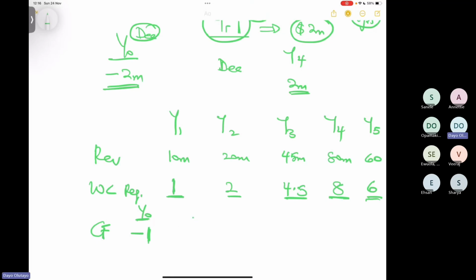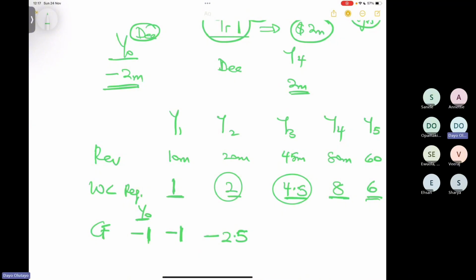So we only need to buy 2 minus 1. So another minus 1 is what we're going to have in year 1 as cash flow. And the cash flow in year 2 will be what we need to buy in readiness for year 3. Year 3 needs 4.5. But at the end of year 2, we already have 2. So we need to buy 4.5 minus 2, and that's minus 2.5. Remember, outflow is minus. So it's 2.5. That's our cash flow there.